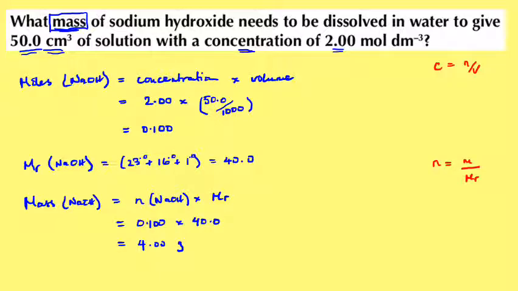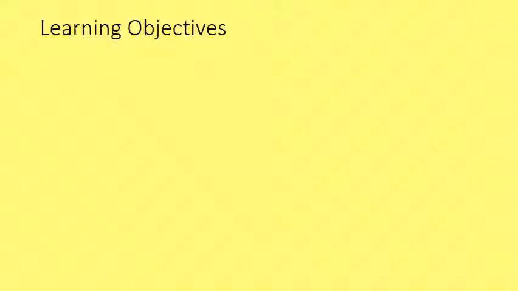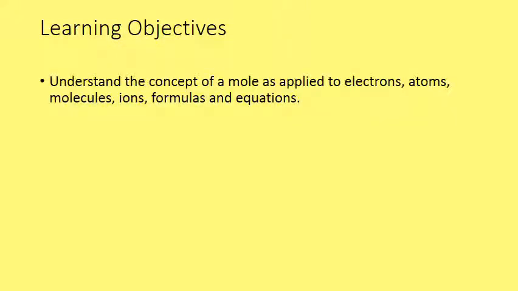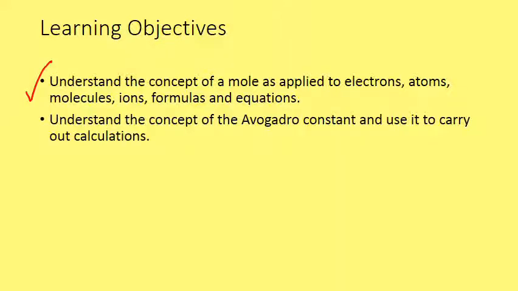Let's just check before we finish that you're okay with all the lesson objectives. So quickly, our learner objectives were: we wanted to understand the concept of a mole as applied to lots of different types of particles. I think we went through that. And we wanted to understand the concept of Avogadro constant, 6.02 times 10 to the 23.